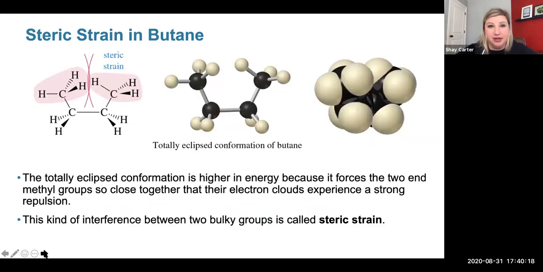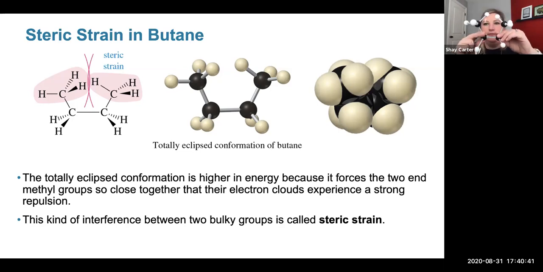Now let's talk about steric strain, okay? So our totally eclipsed conformation of butane here, it's also shown probably better right here. So far we've only talked about torsional strain. Torsional strain is when bonds eclipse each other, okay? When bonds eclipse each other.